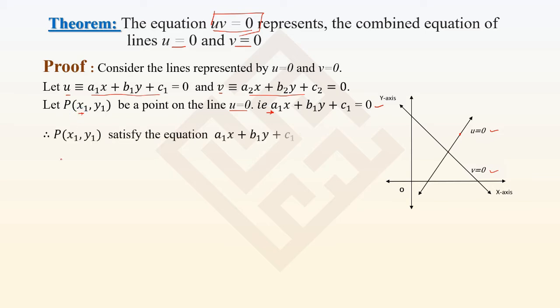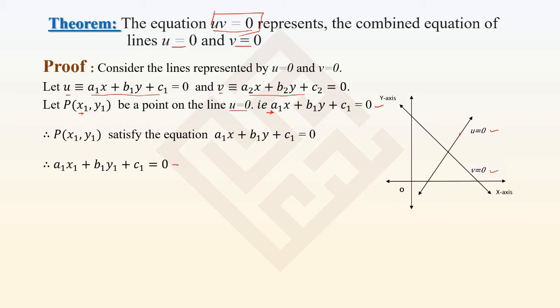So what do we get, we get P(x1, y1) satisfies the equation a1x plus b1y plus c1 is equal to 0. So putting the value of x and y as x1 and y1, that is going to give us a1x1 plus b1y1 plus c1 is equal to 0.